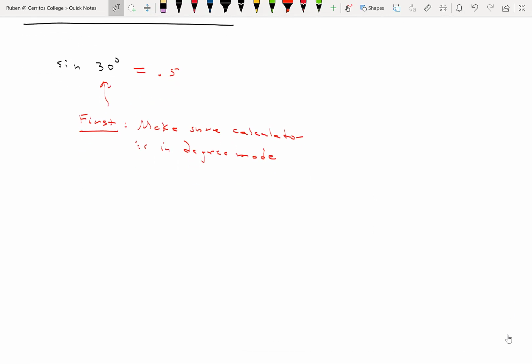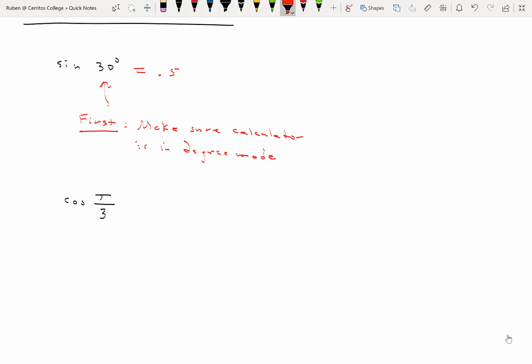Okay. So suppose right after that, I want to compute the cosine of pi over 3. All right. So put your calculator in the radian mode. How do I know it's in radians? If you said because of the pi, you are absolutely wrong.